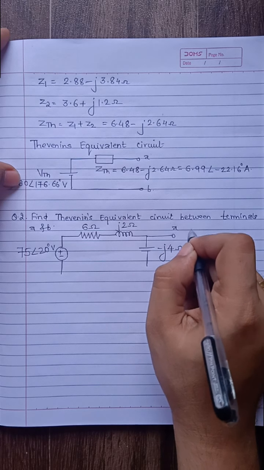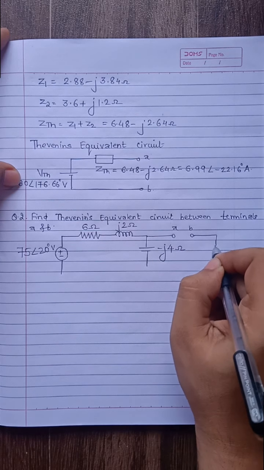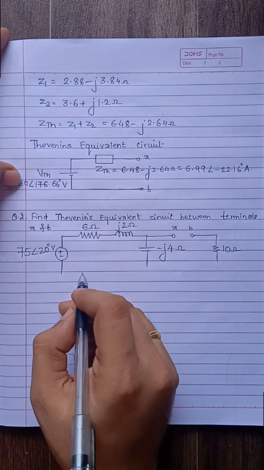Here you have A, here you have B, 10 ohms.